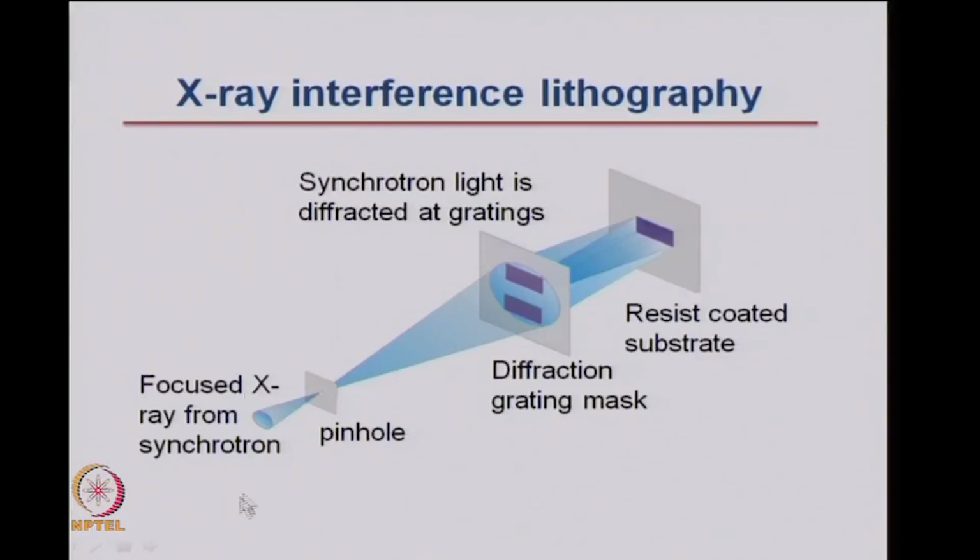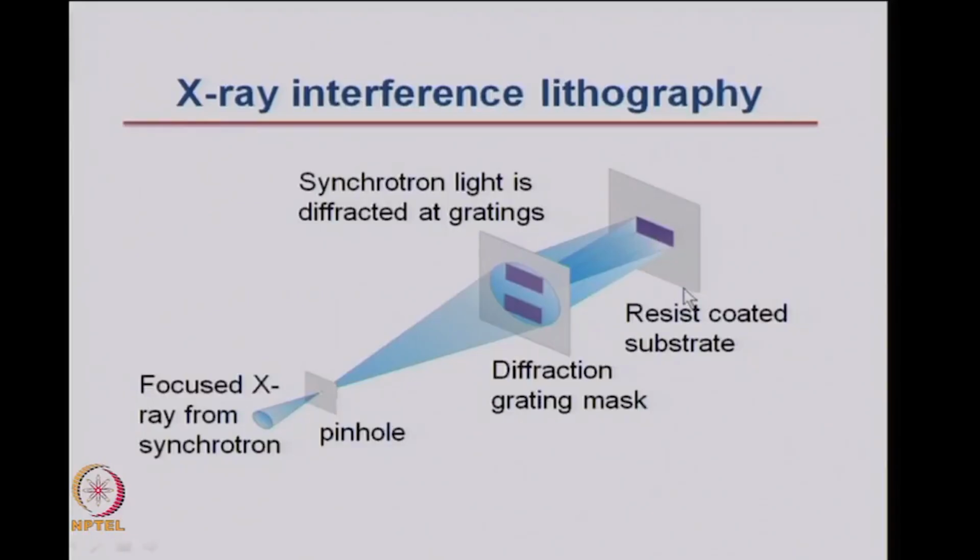You have X-rays from a synchrotron going through a pinhole, and this synchrotron light is then diffracted at a grating, and that grating is basically a mask, and the pattern on this mask will result in the ultimate image that you want.